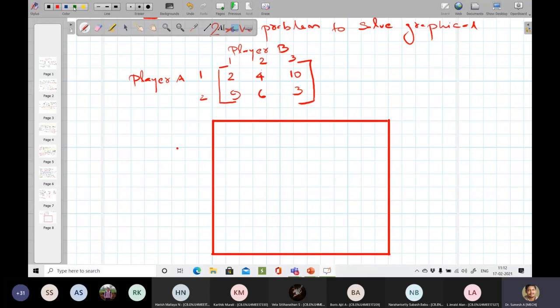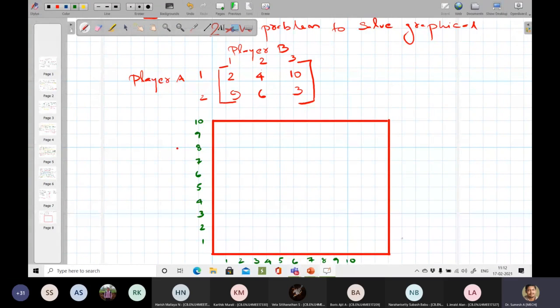So I will mark the values. It is 1, 2, 3, 4, 5, 6, 7, 8, 9, and 10. Here also 1 to 10.